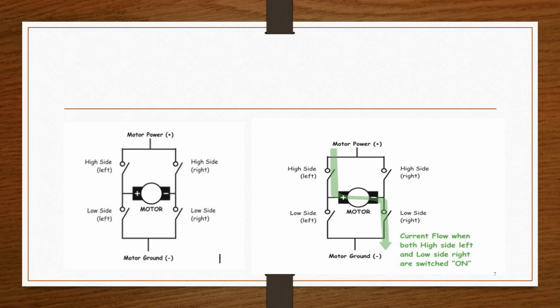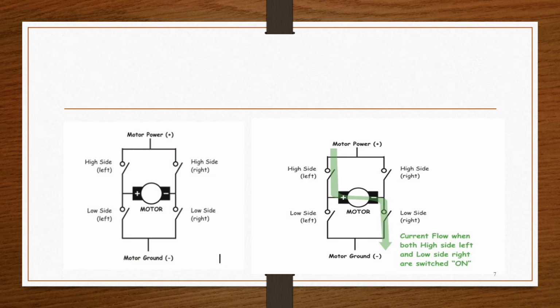Just see, there are the upper side 2 and the lower side 2: high side left and right, and low side left and right. So we can have a simple kind of operation: when these switches are turned on in pairs, the motor changes its direction accordingly.